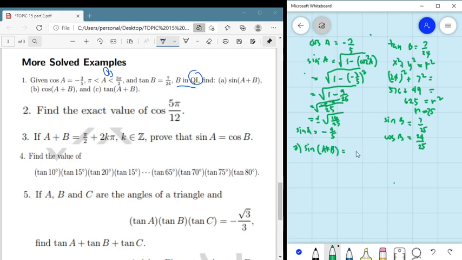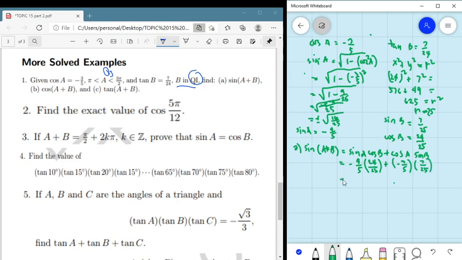So sine A plus B is sin A cos B plus cos A sin B. Replacing sin A with negative 4 over 5, cosine B is 24 over 25, plus cosine A, which is negative 3 over 5, and sine B is 7 over 25.